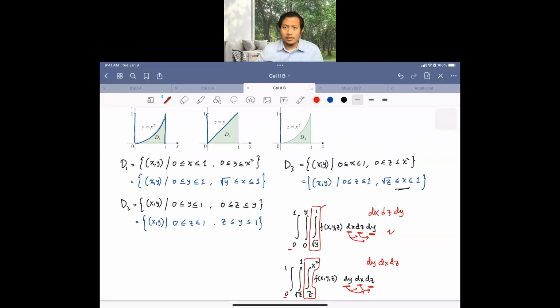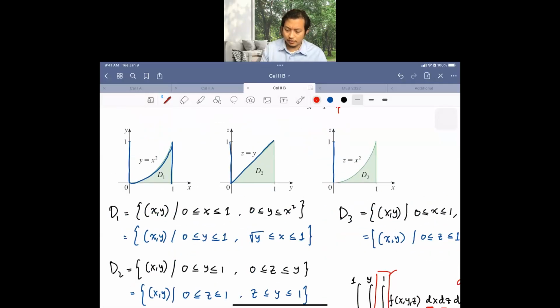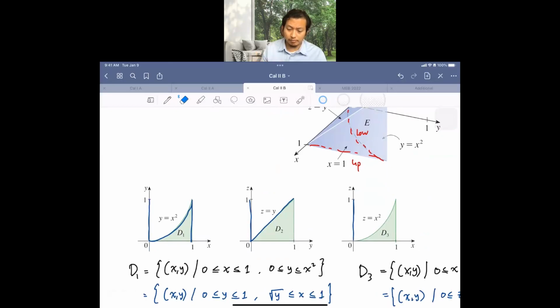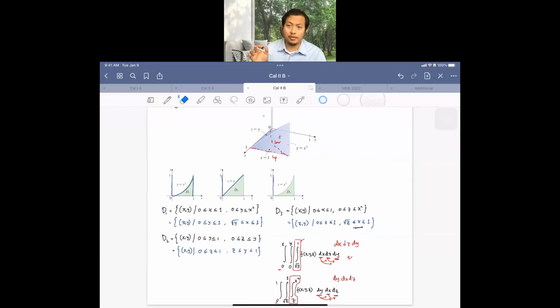Sometimes it's a little bit tedious because you need to imagine a lot of things, at least making these three projections through all planes. But as long as you keep consistent doing these projections, I think you will see the endpoints for each integral.